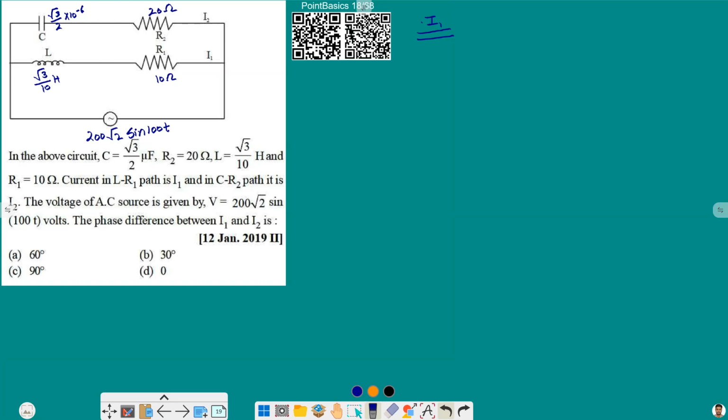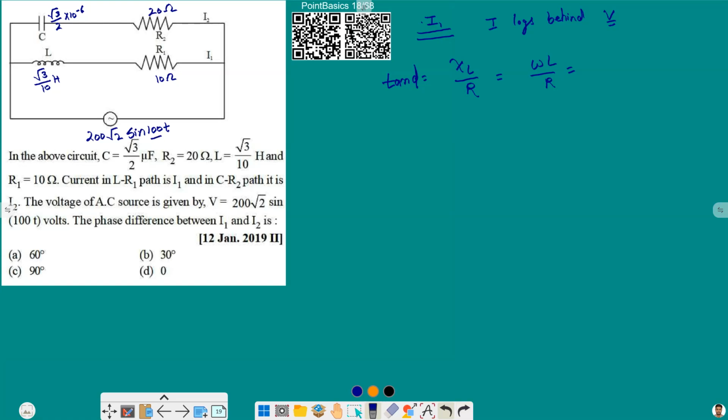In the inductor circuit, normally the current I lags behind the voltage, and that angle will be given by tangent phi equals XL by R. XL is omega L, divided by R. Omega is 2 pi times frequency, or we can say omega is directly given to us, that is 100.